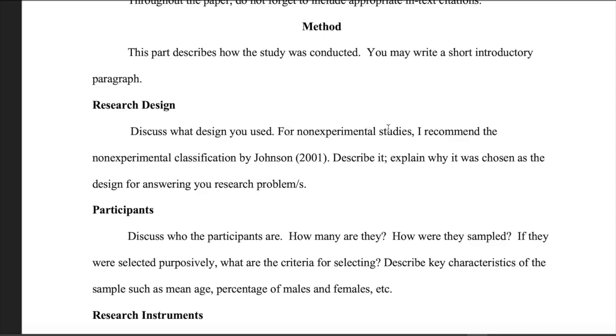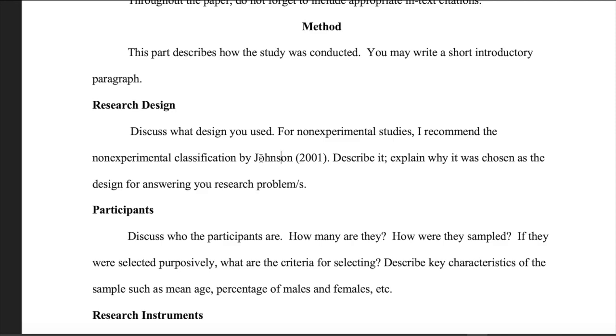I specifically mention non-experimental studies here because many students conduct non-experimental studies, and my personal preference for non-experimental research designs is the classification by Burke Johnson. So you can find his paper. I will try to put a link below for this particular source. He has a good taxonomy of non-experimental designs.